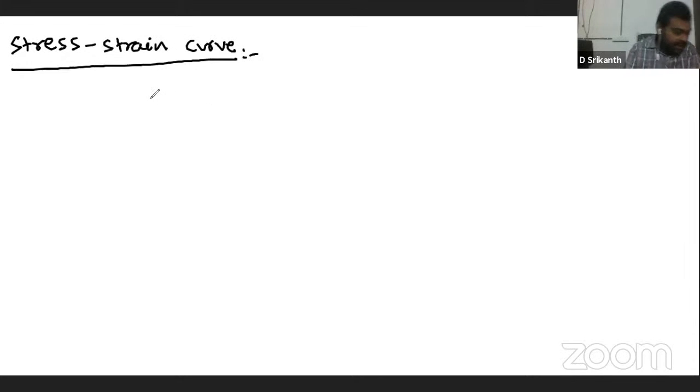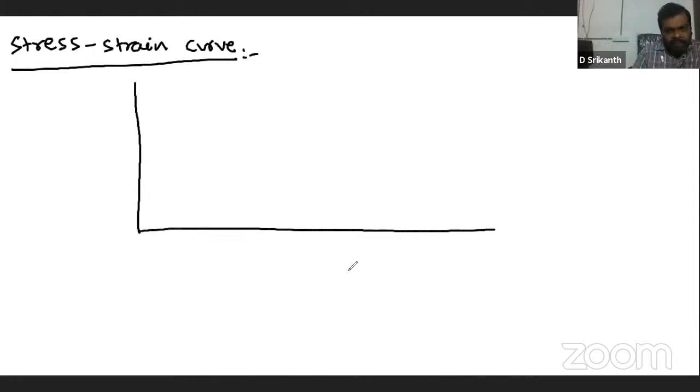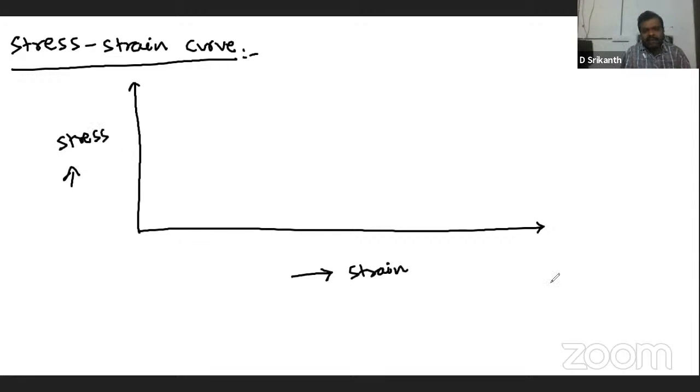That means whenever we draw a graph between stress versus strain, on x-axis we are having the strain and on y-axis it is stress. Here we are considering longitudinal strain and longitudinal stress.